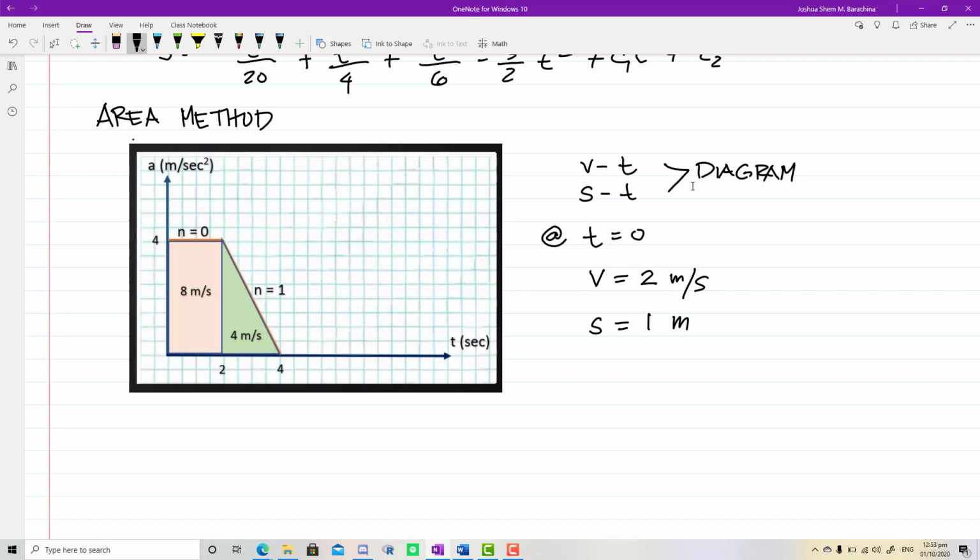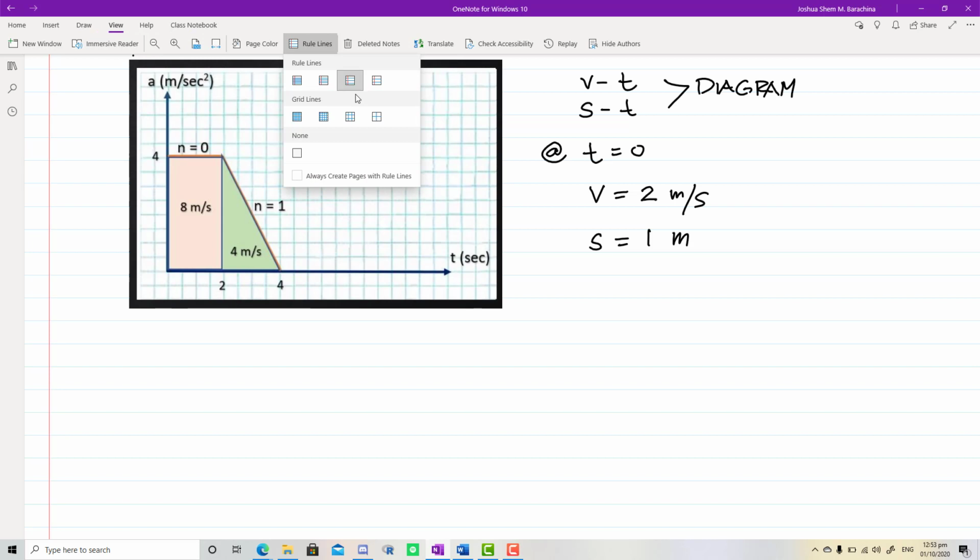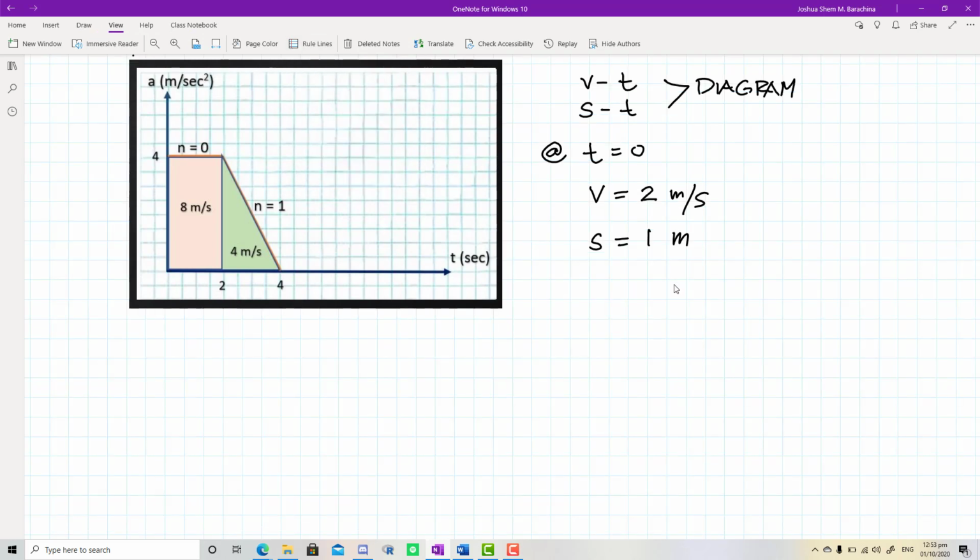Okay, so continuing, let me have a grid line para may guide tayo.